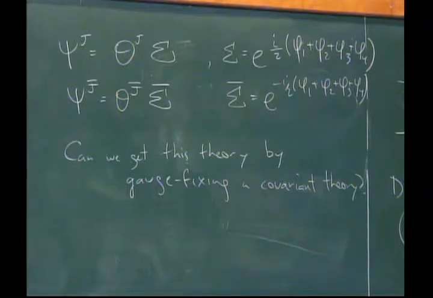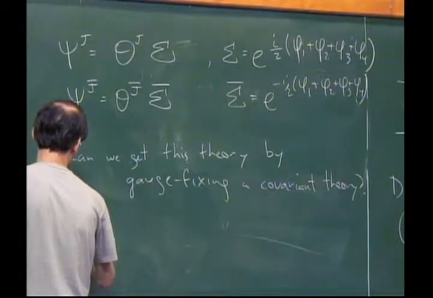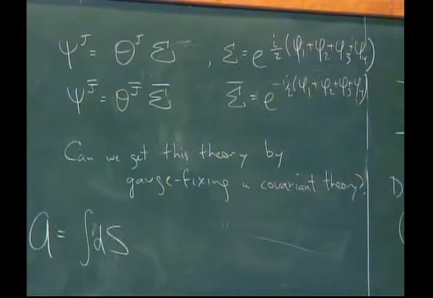So the idea is that now we're going to have a scattering amplitude which is computed as an integral just over surfaces without the sum over spin structures.